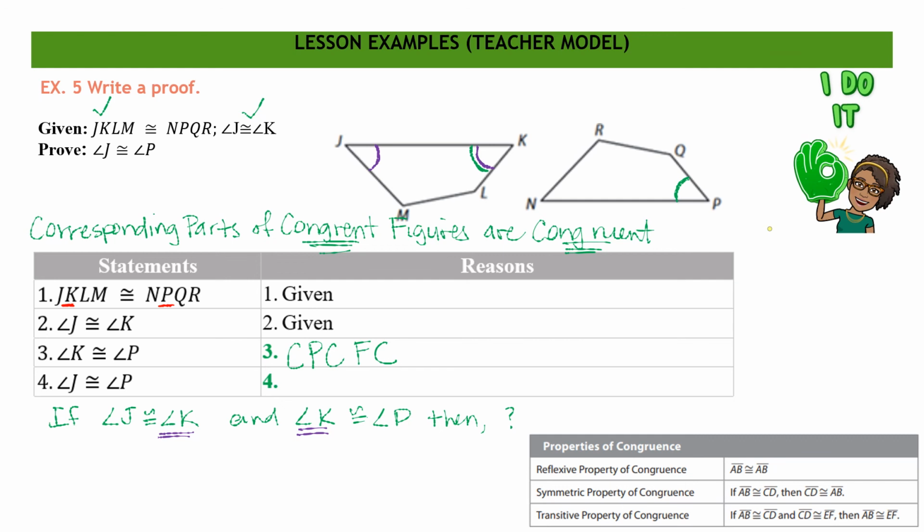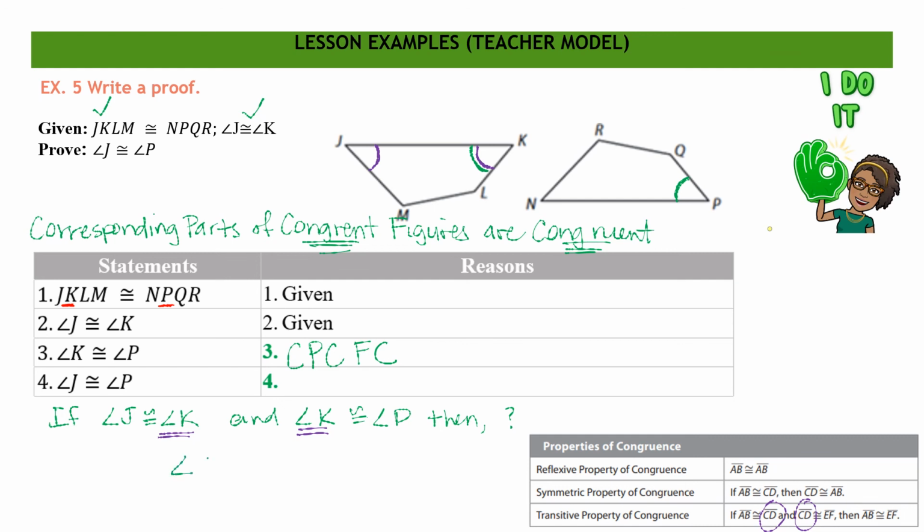Well, if I go down here to my little cheat sheet, what property of congruence can I use where I see that if I have two statements that share a part, I can have another statement created? Well, if you notice here, in the transitive property of congruence, they have two statements where both of them share a part. If both of these statements share a part, then the two outside parts have to also be congruent.